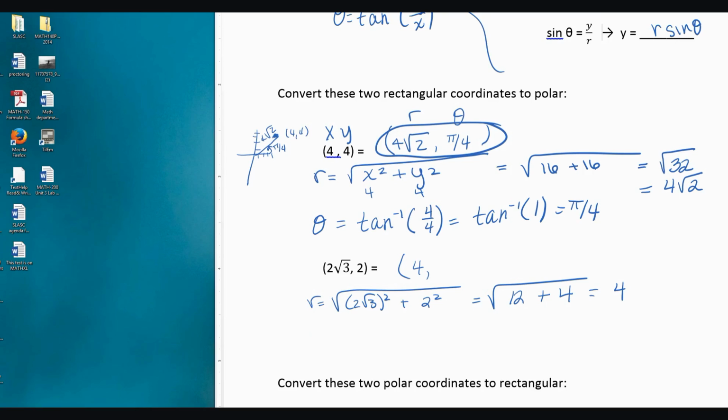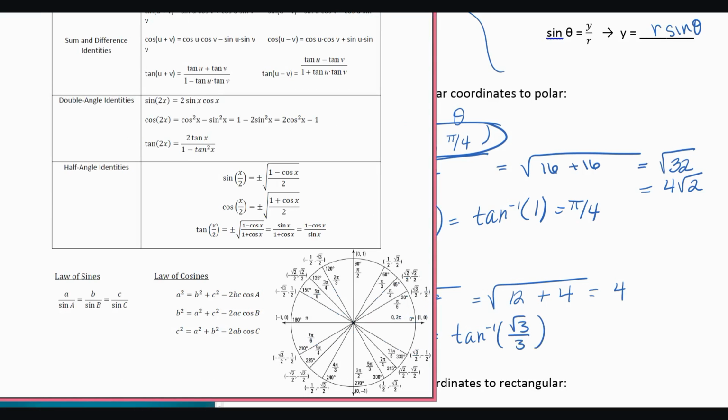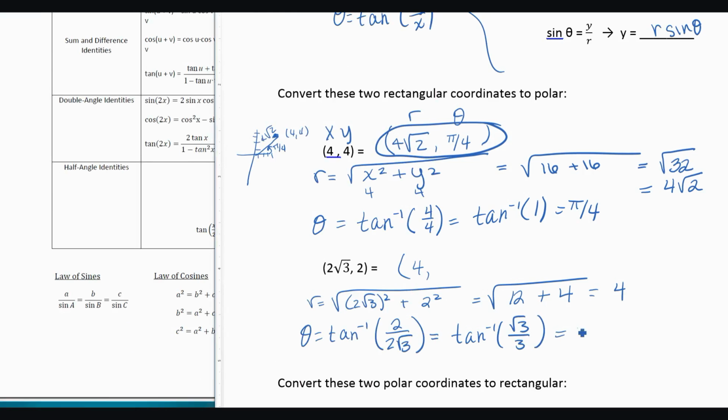And for theta, we want to take tangent inverse of 2 over 2 square root of 3, which if we simplified this and rationalized it, we'd have tangent inverse of square root of 3 over 3. And again, this one happens to be in the first quadrant, so we would use our unit circle and say, okay, where would y over x be square root of 3 over 3? And that happens at pi over 6. So our theta is pi over 6.